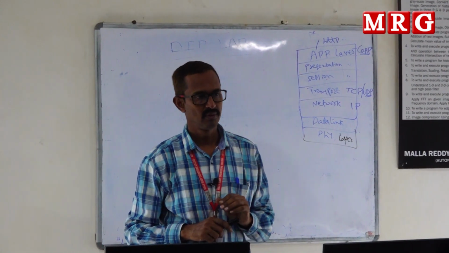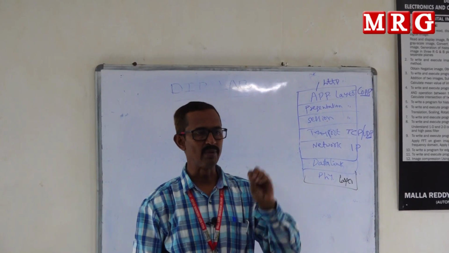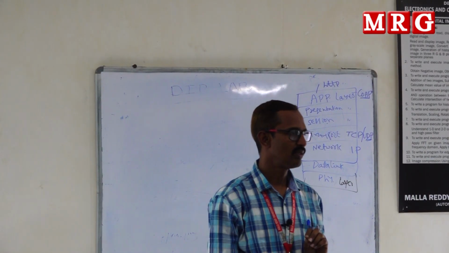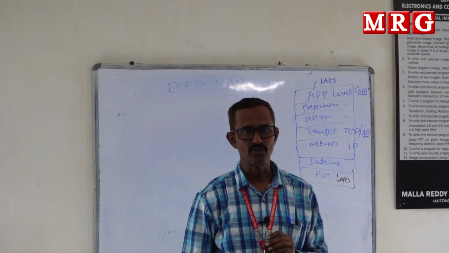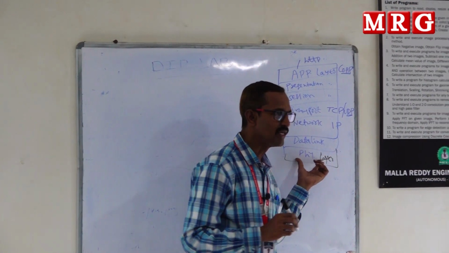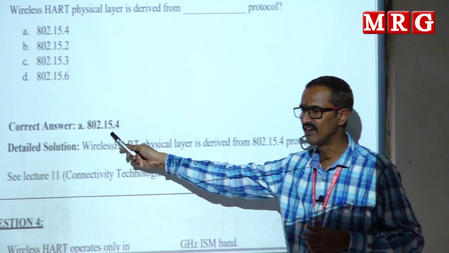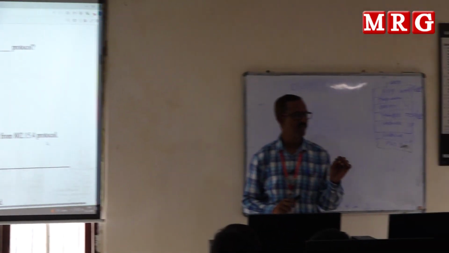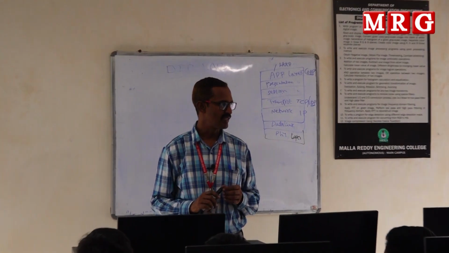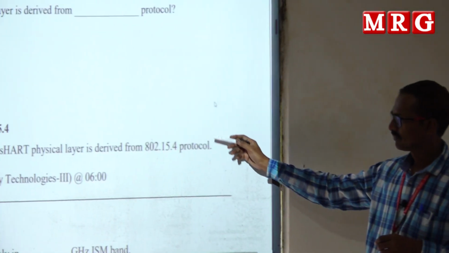Suppose I am a protocol developer, I have to follow those IEEE regulations. So this physical layer is based on IEEE 802.15.4. That is a number. Every layer, every protocol has some numbers. So it is following that standard. So just write that down. Next.